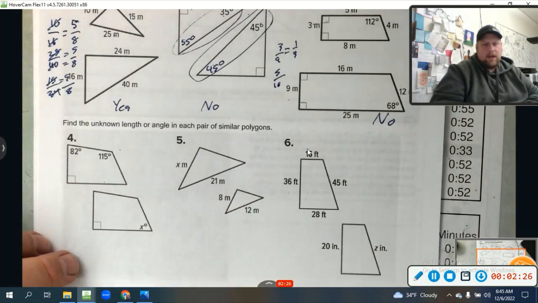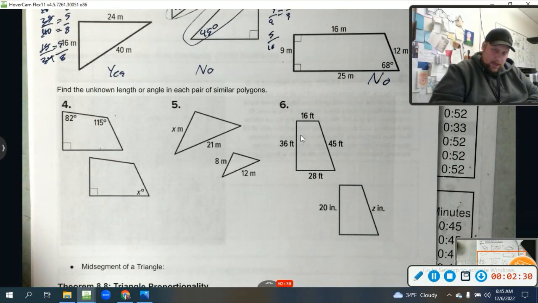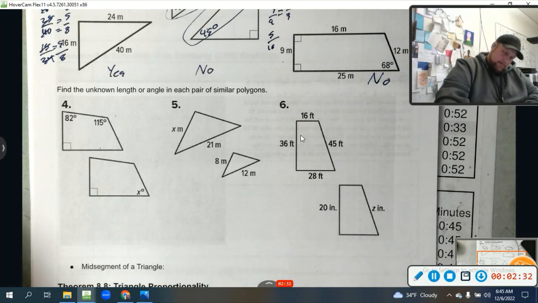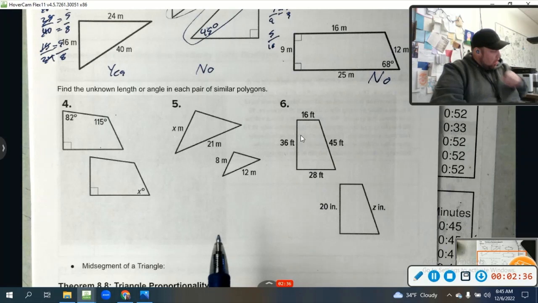Awesome. Now again, hopefully you went down and did this. Find the unknown length or angle in each pair of similar polygons. I'm telling you this is similar, so now I've got to figure it out.